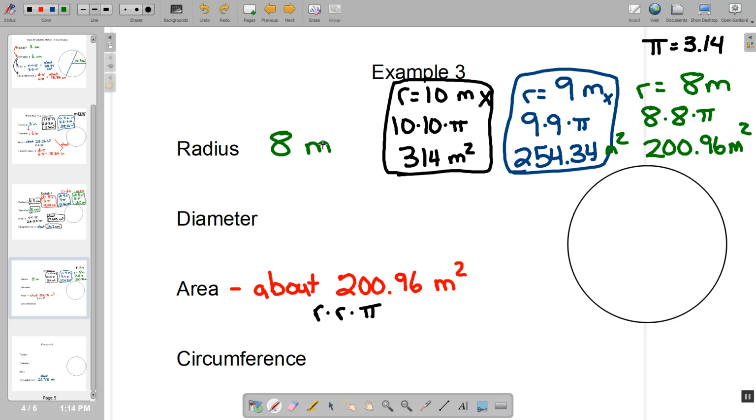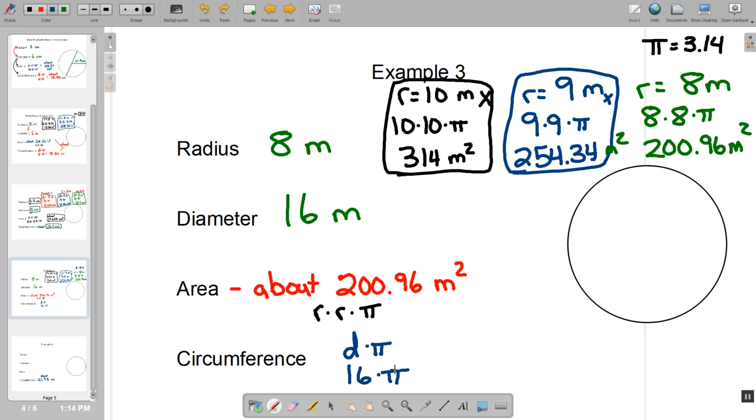So if my radius is 8 meters, that tells me my diameter has to be twice as big, or 16 meters. And that information is enough for me to find the circumference of the circle, because the circumference is equal to the diameter times pi. Our diameter is 16.